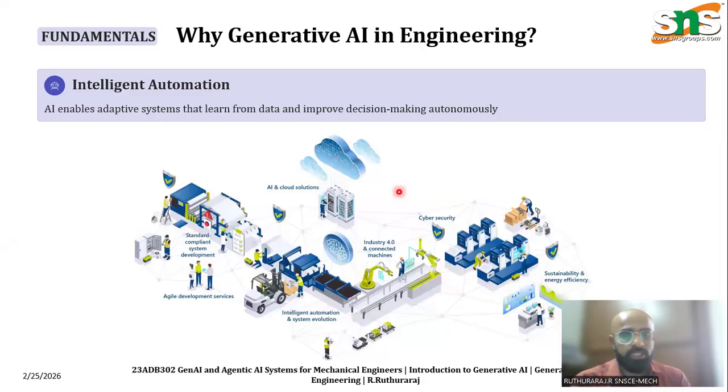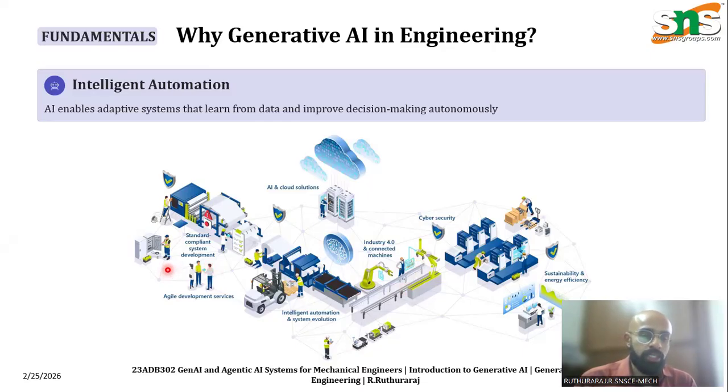Then comes the intelligent integration process. So far we have seen shop floor automation and design automation. So obviously the next thing that comes to your mind is integrating everything into a single domain, which is the Internet of Things. If you connect everything together, every shop floor in your industry is connected together. For example, the assembly sector, where the machines are assembled, and the stock or inventory section, which is maintained through cloud.